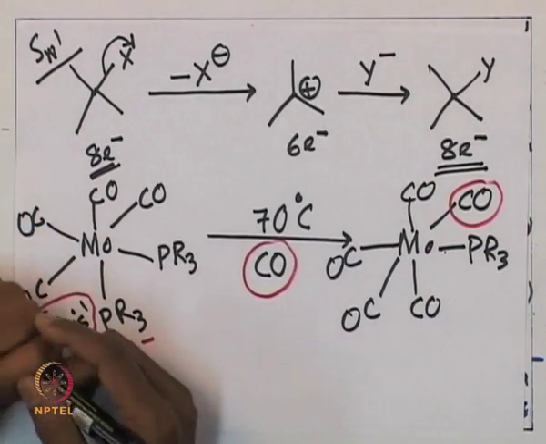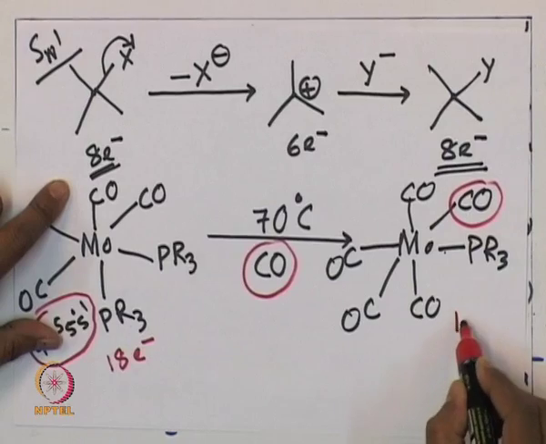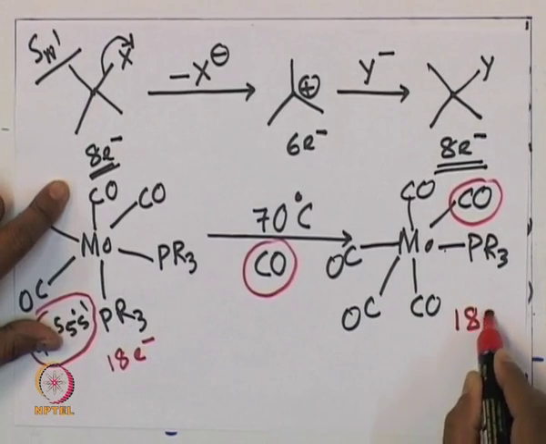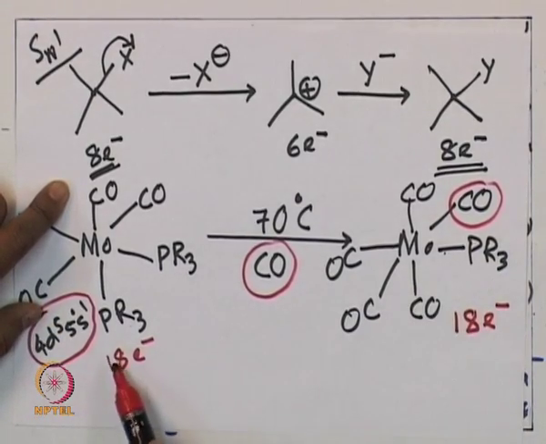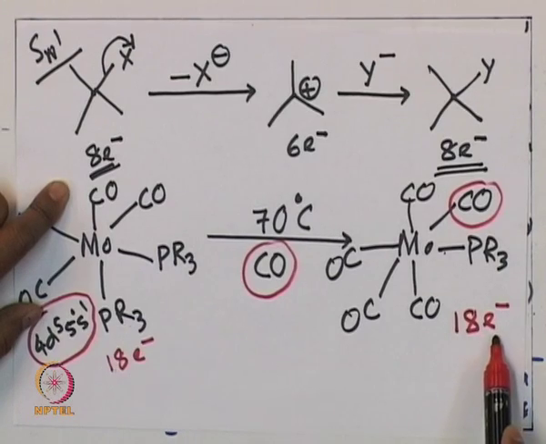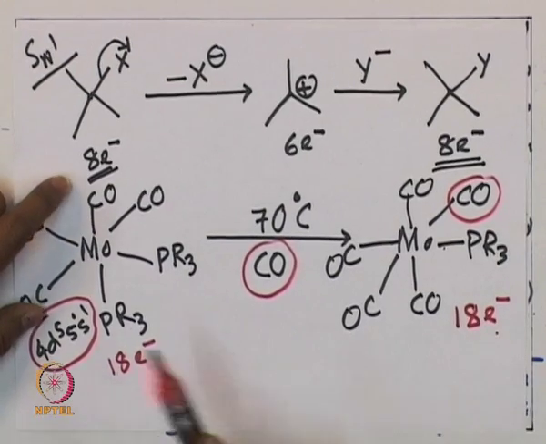Once again, without counting electrons, you will be able to tell that this is an 18 electron complex: 18 electron complex giving you 18 electron complex.